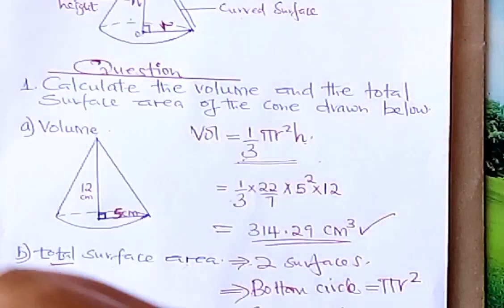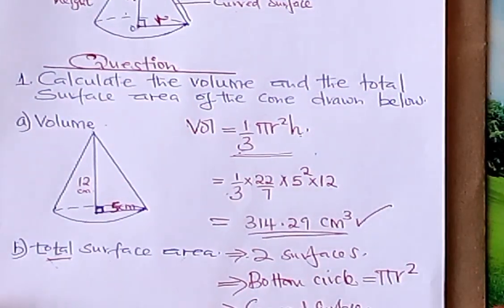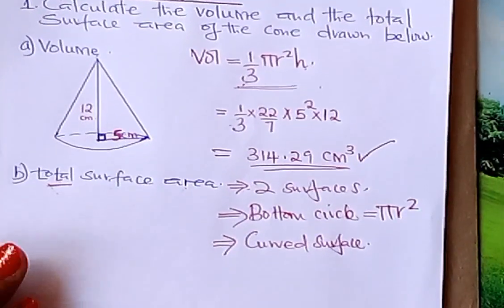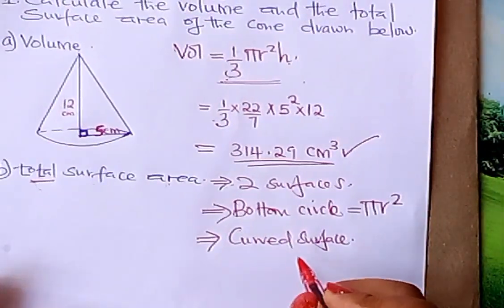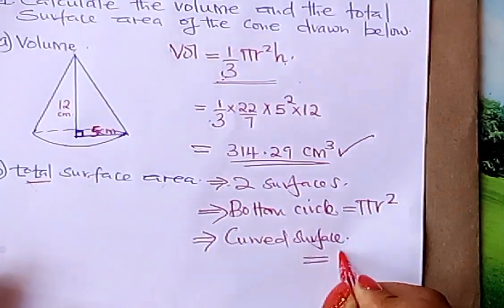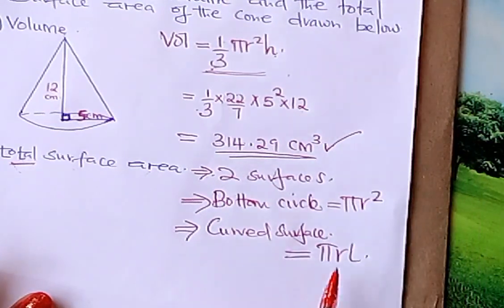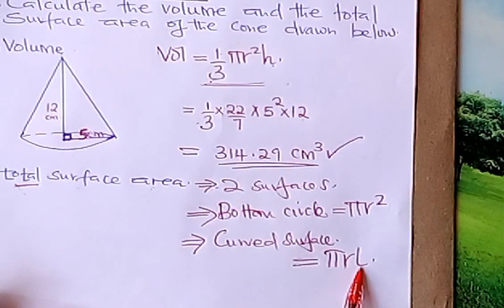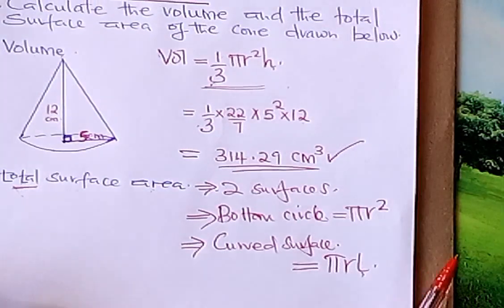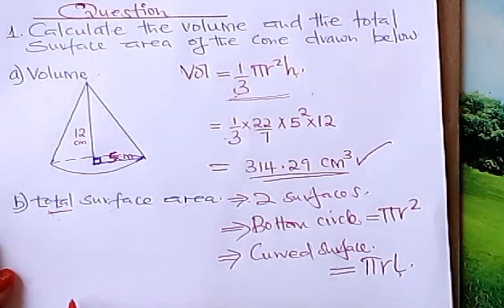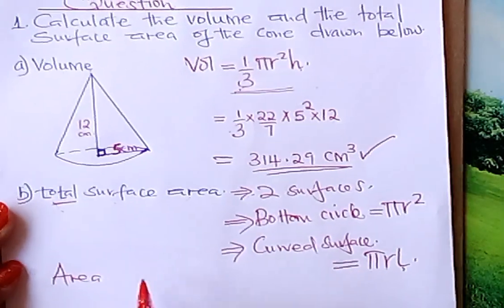So the curved surface area, learner, is got by what? What is the formula? It is got by pi rl. Pi r times the slant height. So we do it. What is the area of the bottom circle?